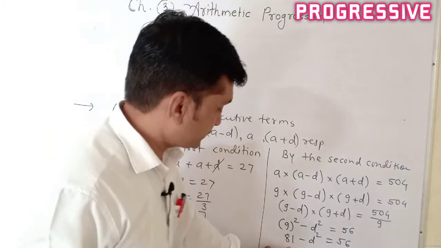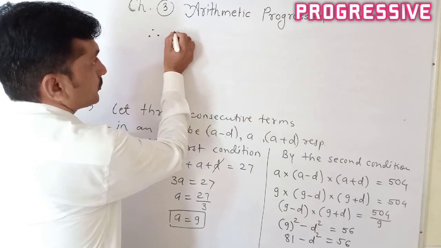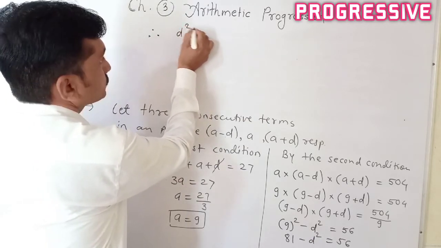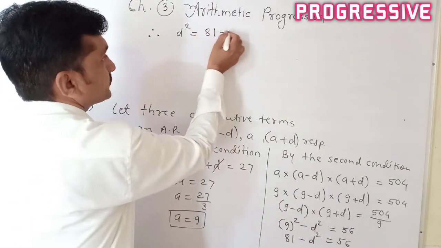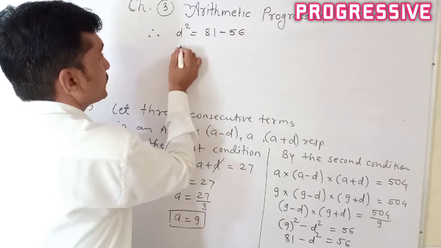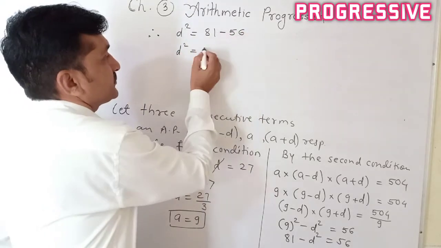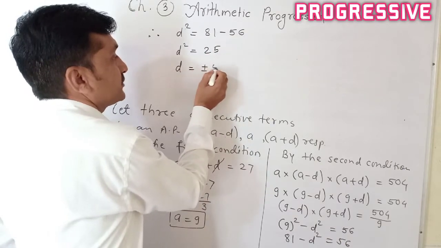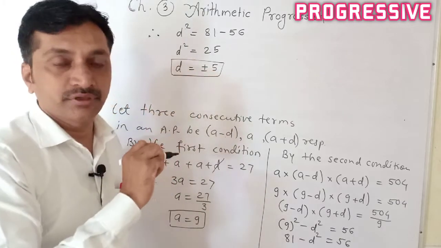Now let's continue. Therefore d square is equal to 81 minus 56, transferring d square there. Subtraction, 81 minus 56, gives 25. Therefore d is equal to plus or minus 5, because each perfect square has two roots, plus and minus 5.